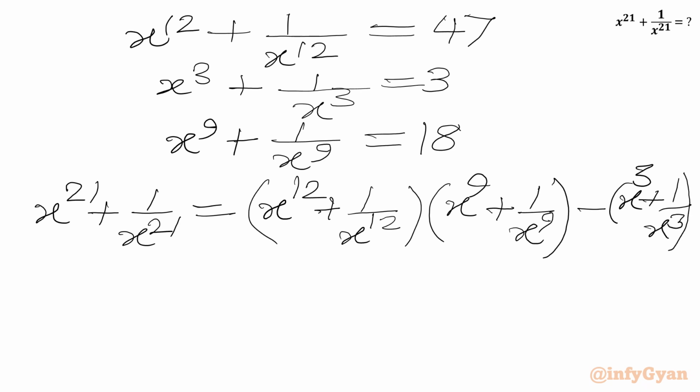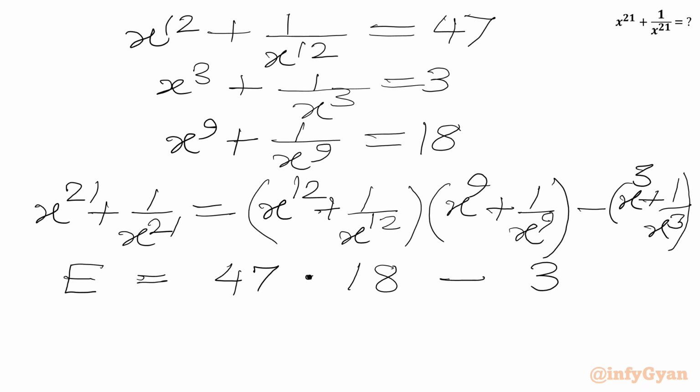Now we have to only plug in values to get expression E. So I will write here x power 12 plus 1 over x power 12, 47, times x power 9 plus 1 over x power 9, 18, minus x cube plus 1 over x cube, 3.